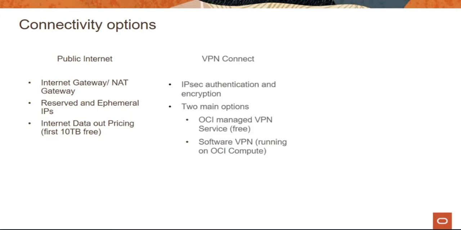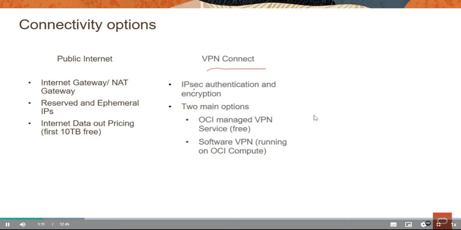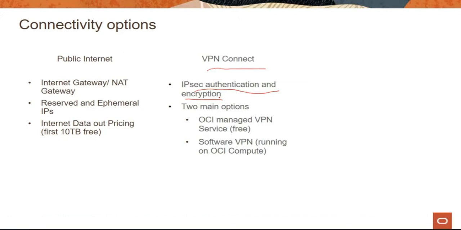There are two more options which we really didn't discuss in a lot of detail in the previous module on virtual cloud network. And these options are around VPN Connect and Fast Connect. So what do I mean by VPN Connect? VPN Connect is basically an option where you connect two different sites using IPsec protocol. So we'll look into more details, and there are two main options which are available here. The first is an OCI managed VPN service, which is offered for free.